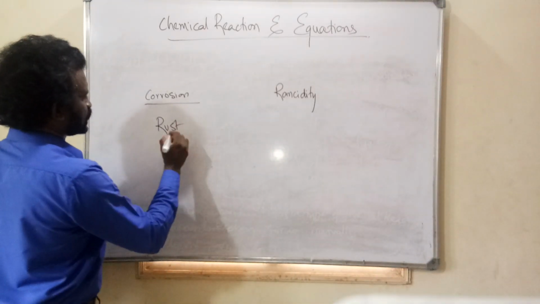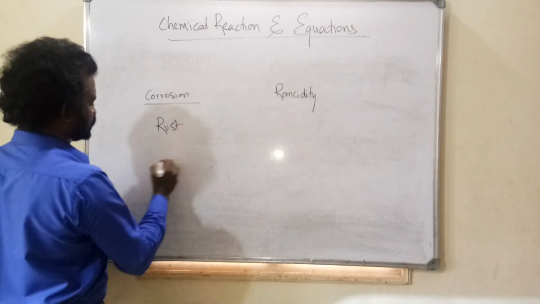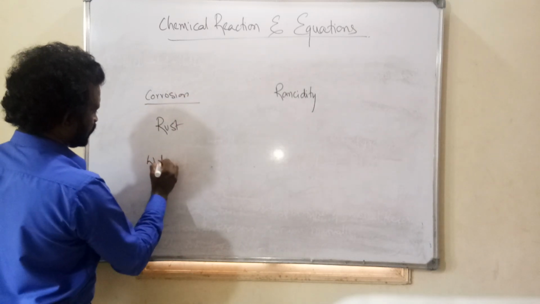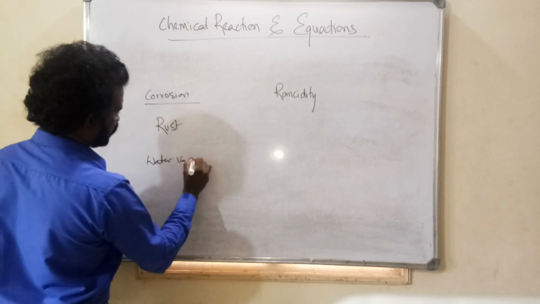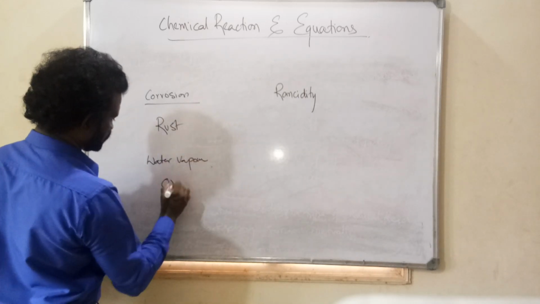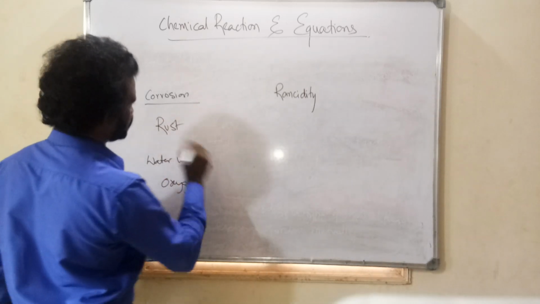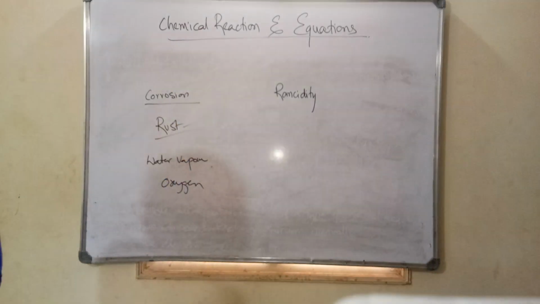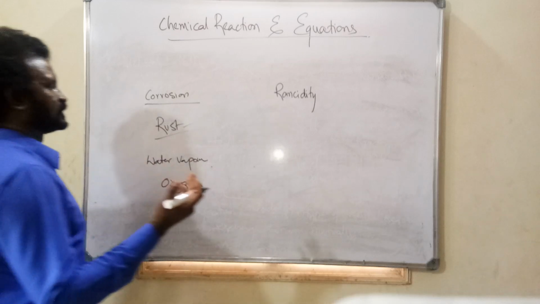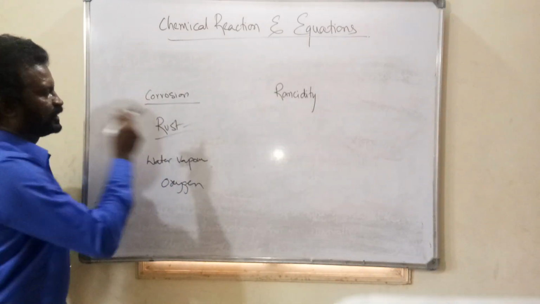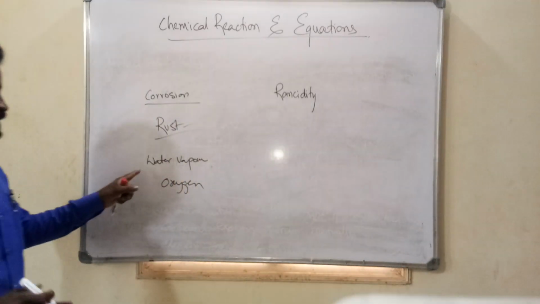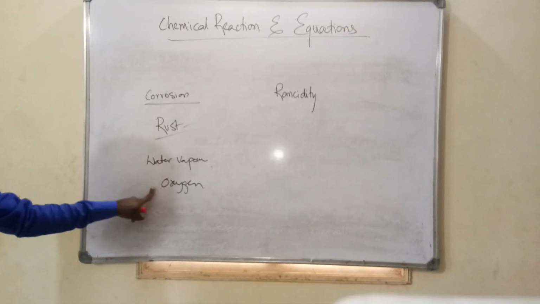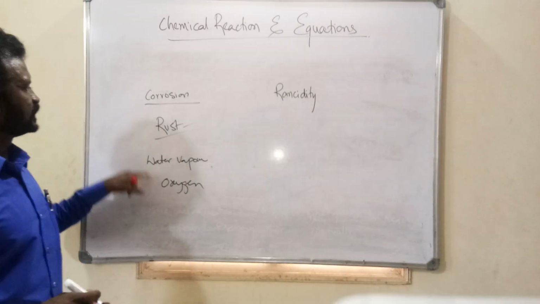That means for rusting it requires water vapor and oxygen, or air. So it forms rust. This is called rusting. Why does it rust? Because it reacts with water vapor and oxygen. This is the condition.